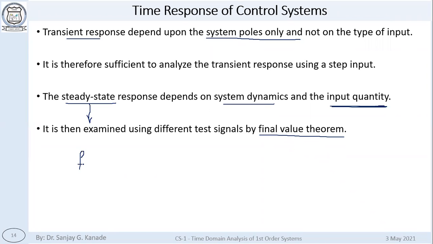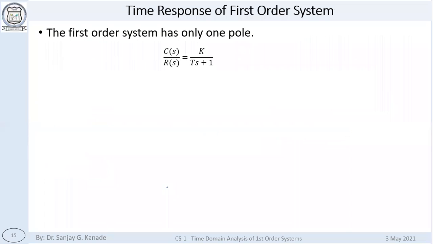For example, if f of t is your signal, then its final value is the limit of f of t as t tends to infinity. That is what is calculated using the final value theorem, and we use it to find the steady state value of any system response.